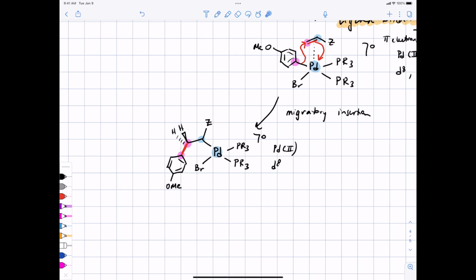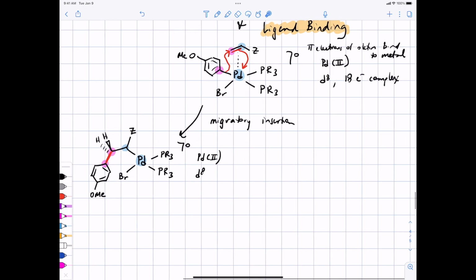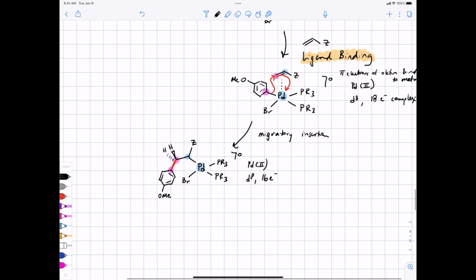However, we've gone from an 18-electron complex to something that's only 16: 8 plus 2, 4, 6, and 8. So that migratory insertion step got rid of that extra pi ligand, so now we're no longer coordinatively saturated.